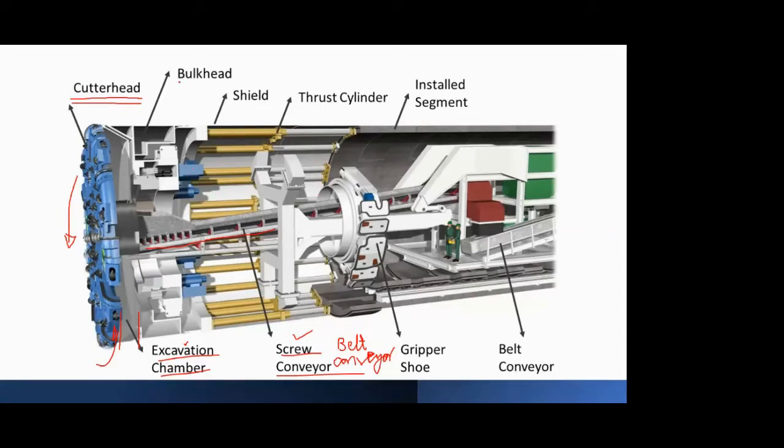Then another component you see here is a bulkhead. The bulkhead is something through which you maintain the pressure in this excavation chamber. Though we are saying that it is going to collect the muck for a temporary duration and then transfer it to the conveyor system, you need to maintain the pressure in case you are starting the excavation or the amount of muck collected is less.